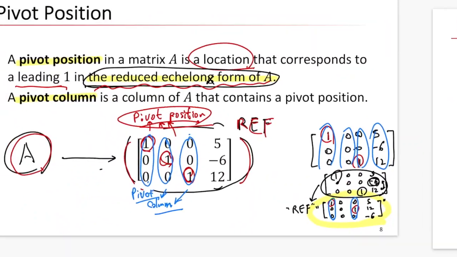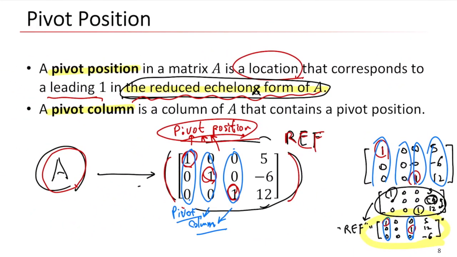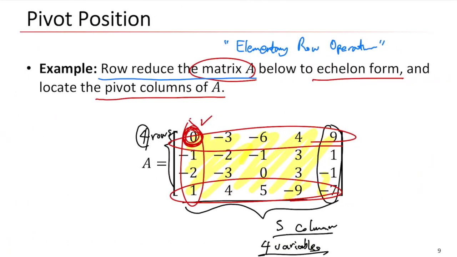So these are the examples of the pivot position and pivot column. Okay. And then why does pivot position matter when we use it to solve the linear system? Okay, let's see the example.